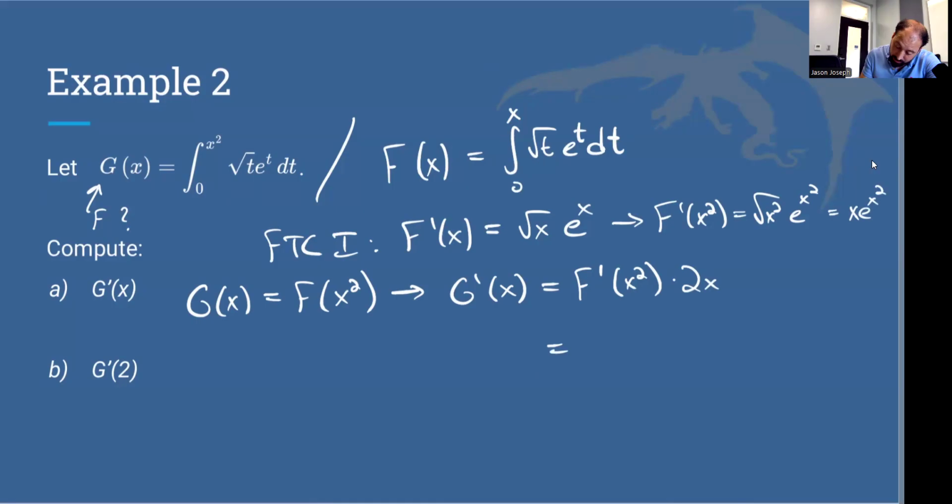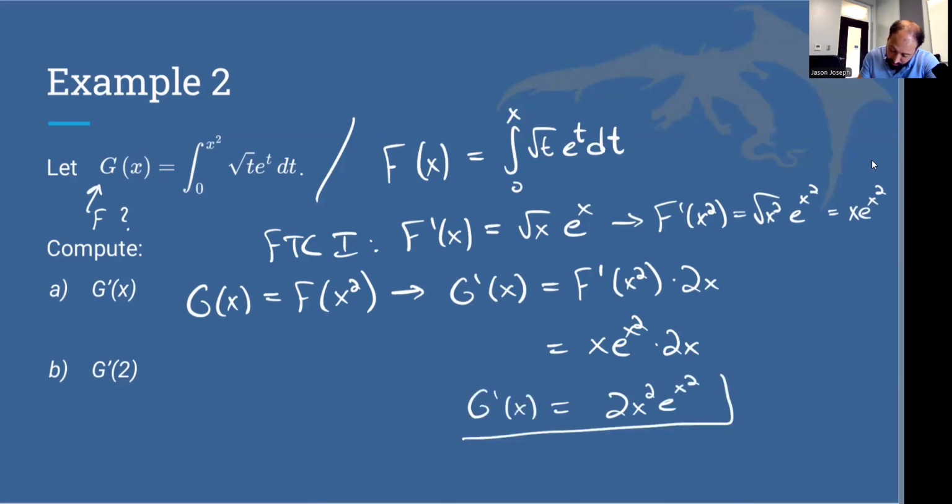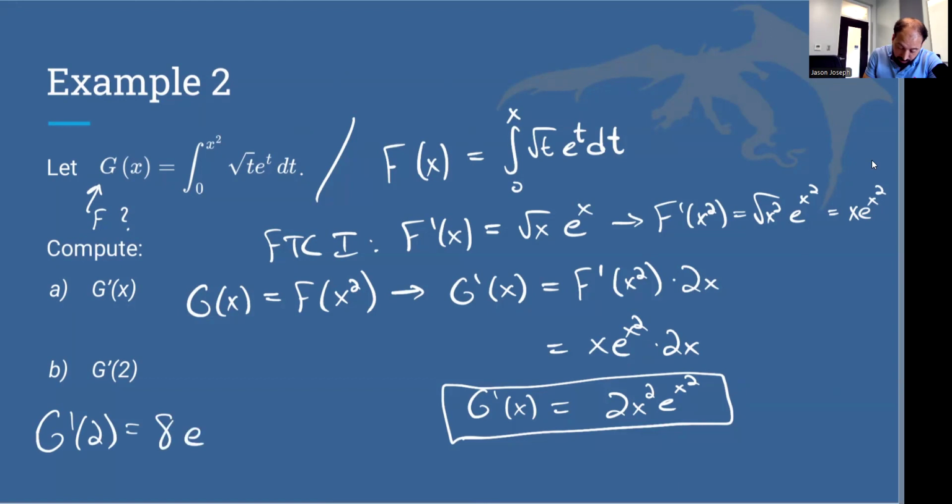So here I get x e to the x squared times 2x, or if you want, that's 2x squared e to the x squared for our final answer. And then to find g prime of 2, I would just plug in 2. So that's going to be 2 times 4 is 8 e to the 2 squared. So 8 e to the 4.